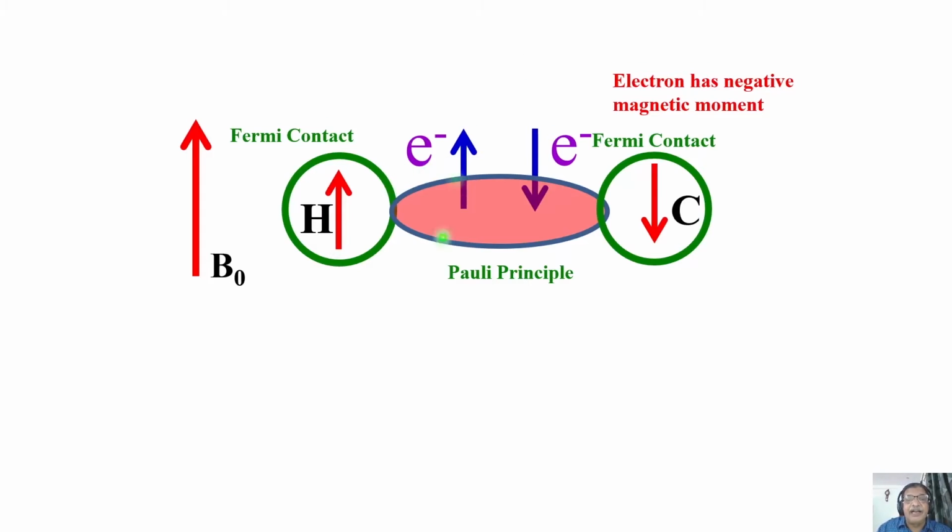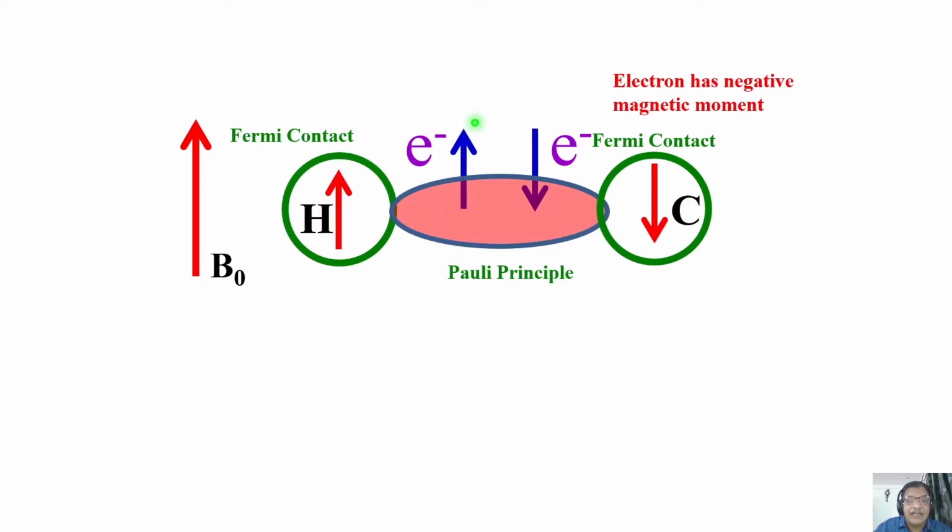But the question is, why did I write parallel to this? Remember, even though I have written diagrammatically like this is lowest energy for this, it is because the electron has a negative magnetic moment. Please understand, the electron has a negative magnetic moment. As a consequence, even though these two are drawn parallel, there is a minimum energy.